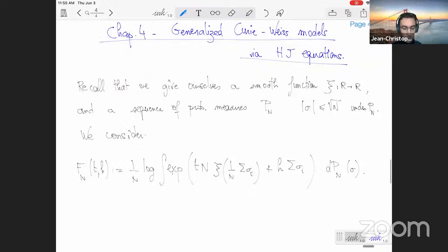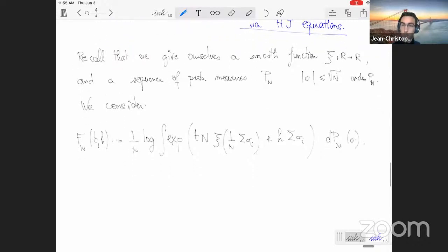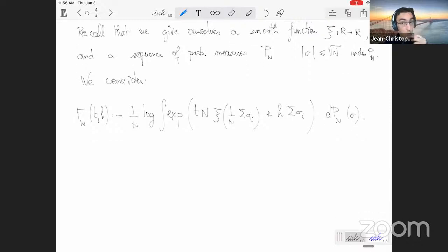So you remember that the standard Curie-Weiss model is obtained by choosing psi being the square function and Pn being this product of Bernoulli measures, balanced on +1, -1. And we assume that when we set t equals 0, this thing converges to something.